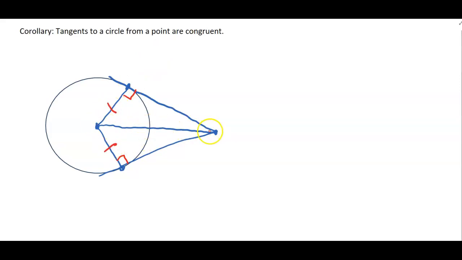And since the two triangles share this hypotenuse right there, it's congruent by reflexive property. So we have hypotenuse leg, which means by CPCTC, corresponding parts of congruent triangles are congruent. These pieces are also congruent.